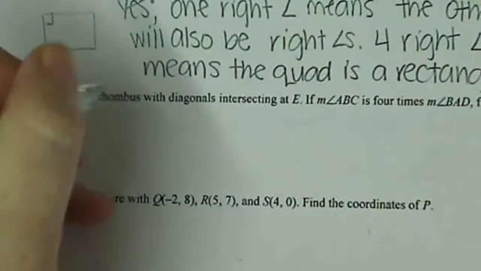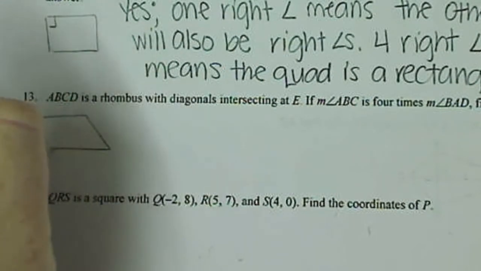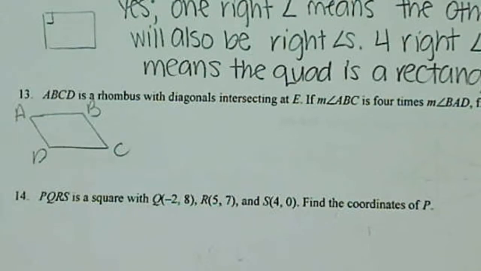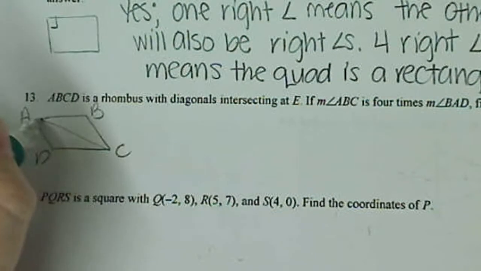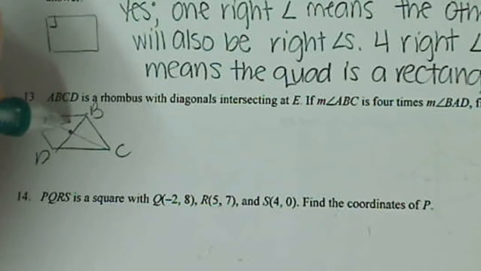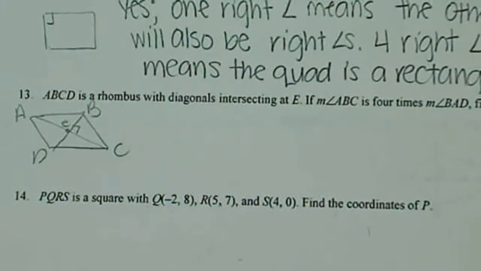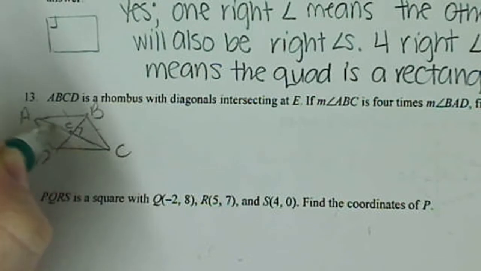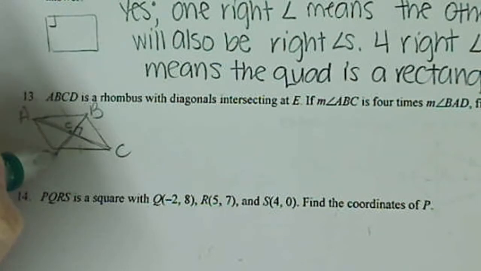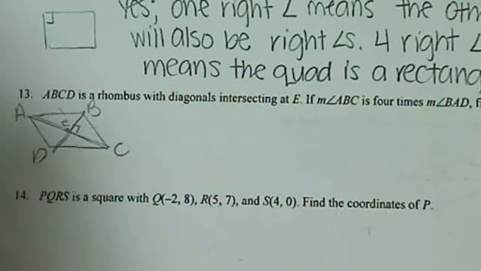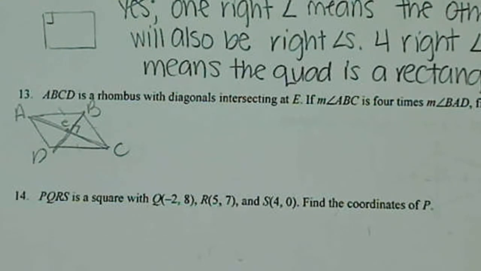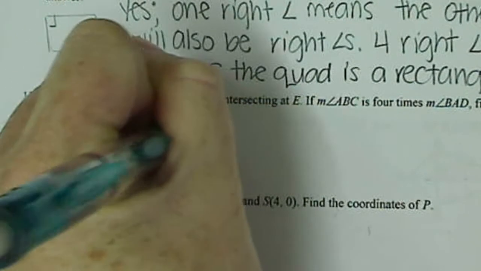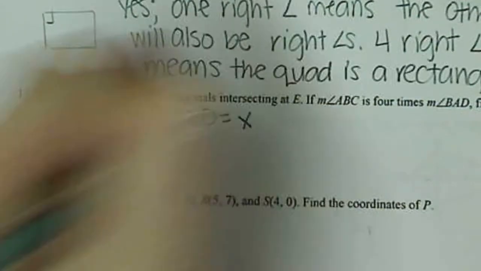ABCD is a rhombus. So let's sketch this out. Diagonals intersecting at E. Remember, all of our sides are equal, and remember our diagonals mean that they bisect the angles. So if ABC is 4 times BAD, let's say BAD is x.